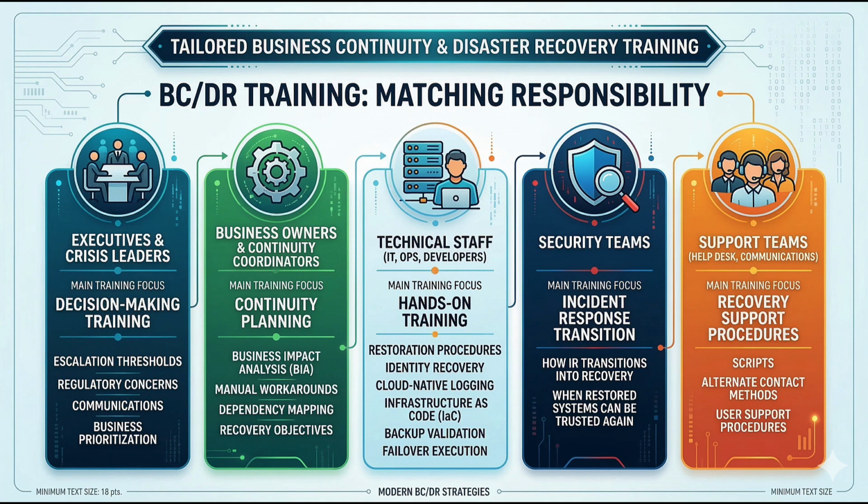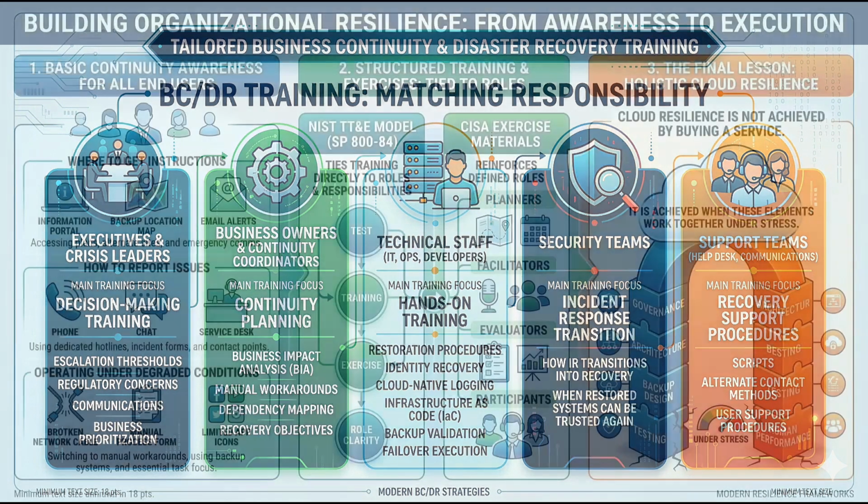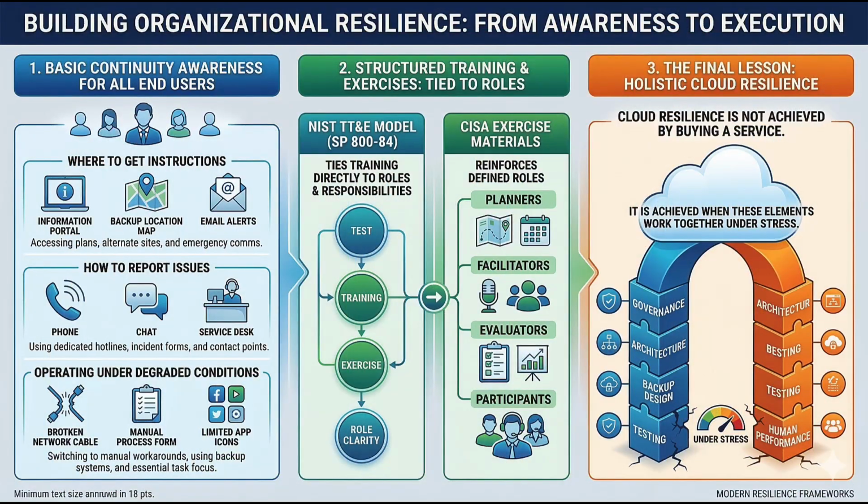Support teams such as the help desk and communications staff need scripts, alternate contact methods, and user support procedures. End users should also receive basic continuity awareness, including where to get instructions, how to report issues, and how to operate under degraded conditions.